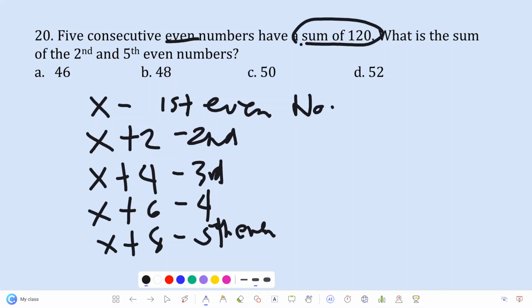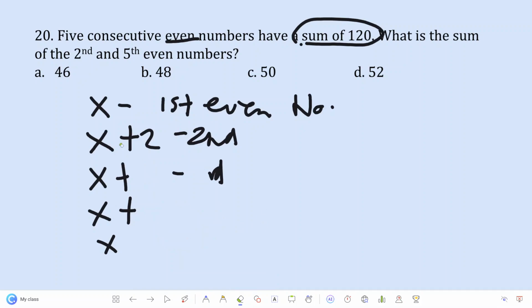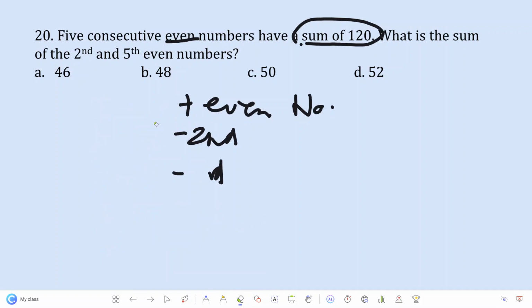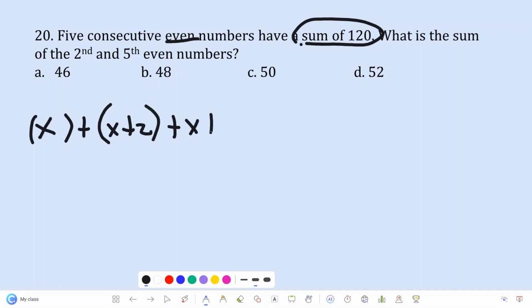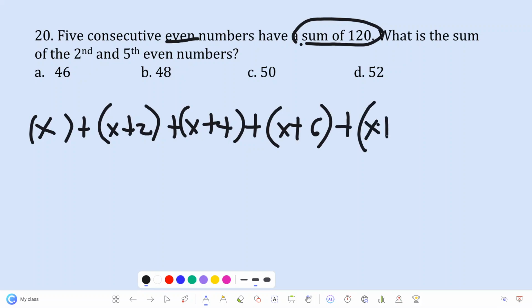Okay? So, let's proceed. So, ang sabi dito, ang sum daw ay 120. So, ibig sabihin, i-add mo ito lahat. So, you have x, that's the first one, plus x plus 2, second one, plus x plus 4, that's the third one, plus x plus 6, that's the fourth one, plus x plus 8 is equal to 120.